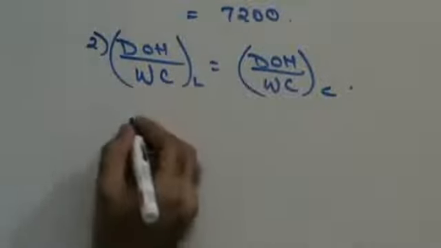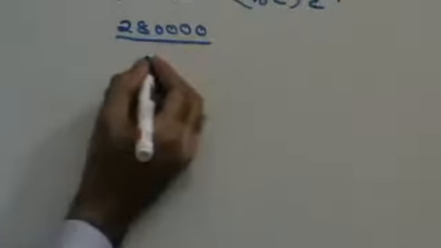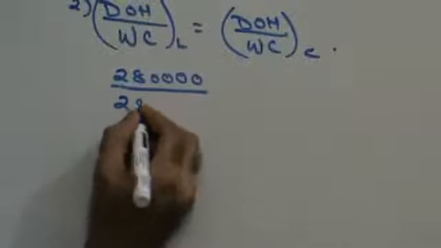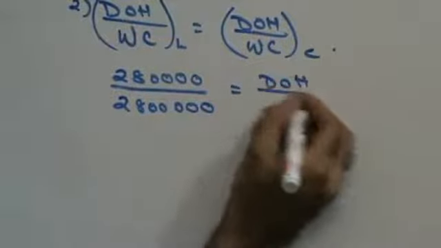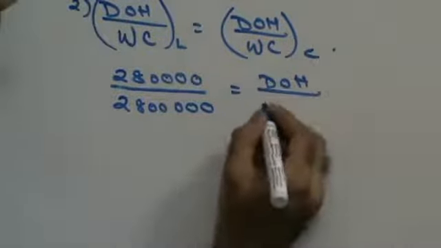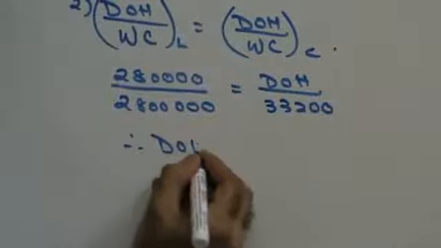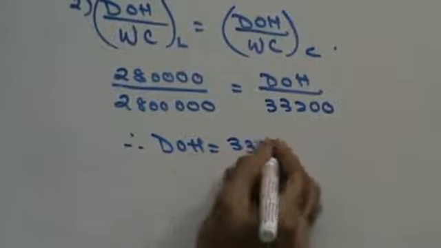Distribution overheads of last year was 2,80,000. Work cost of last year was 28 lakhs. Work cost of current year is 33,200. So you will get proportionate increase distribution overheads as 3320, right?